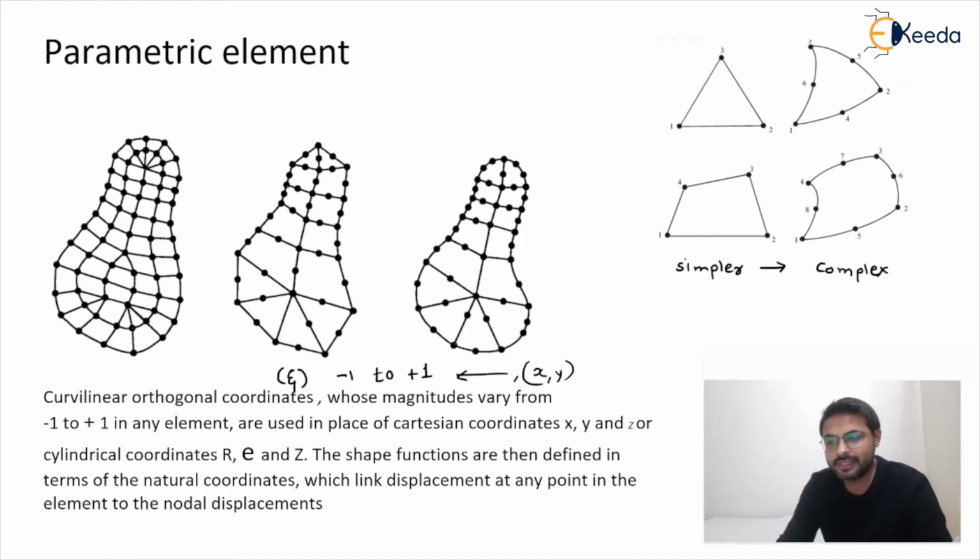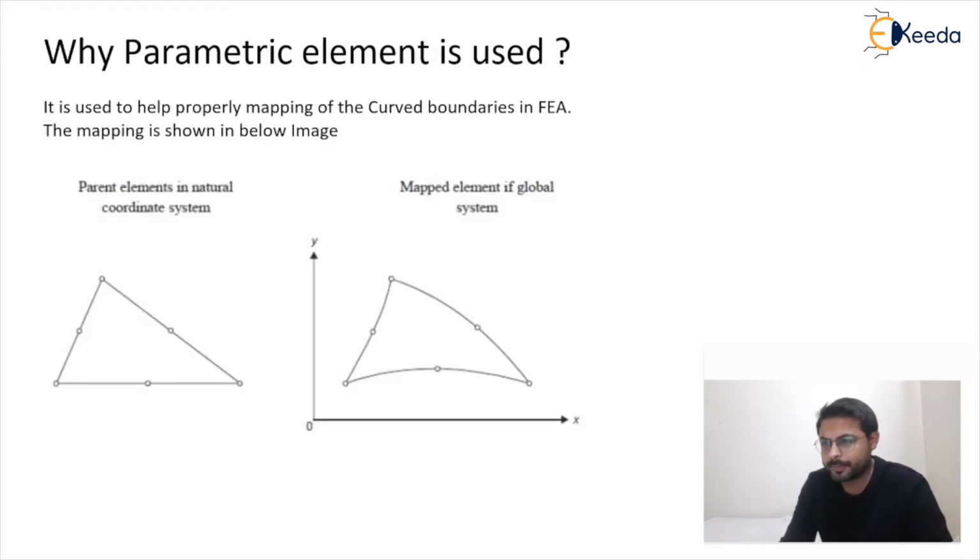The shape functions are then defined with natural coordinates, which link displacement at any point in the element to the nodal displacement. So now the fundamental is clear: we use the parametric element to eliminate the effect of curvature.